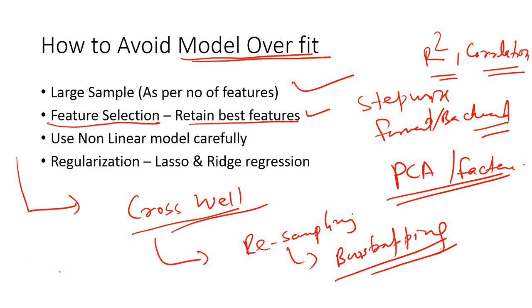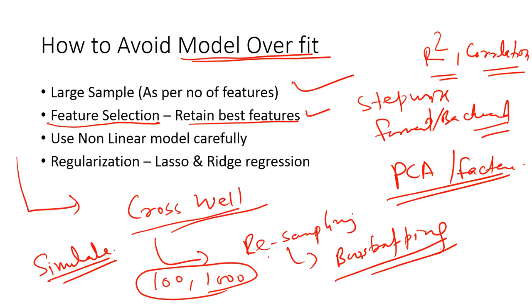So you just simulate future scenarios, you simulate data from your historical data, and you find out hundreds or thousands of such samples and test your model in these samples and see whether the model performance statistics is consistent across all of them.